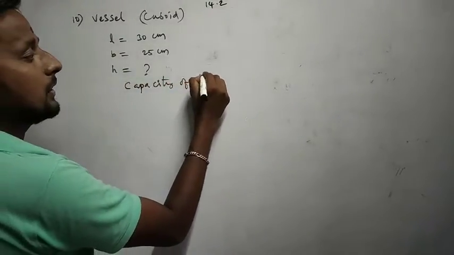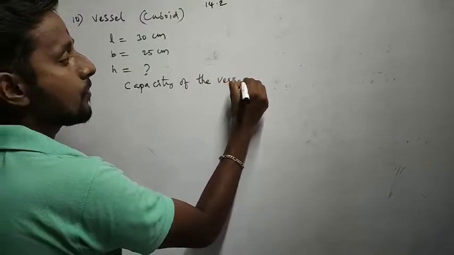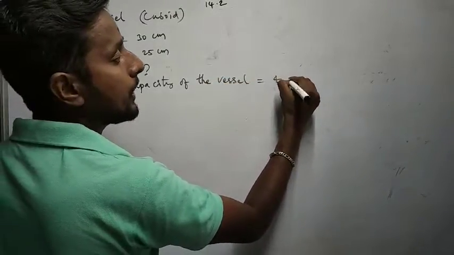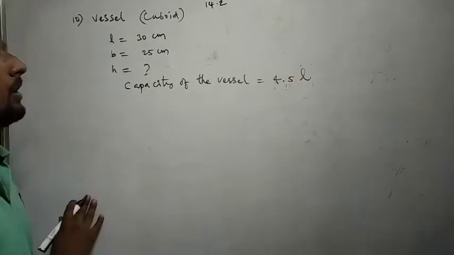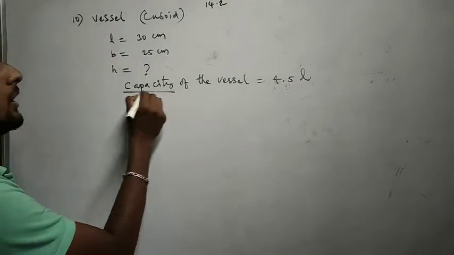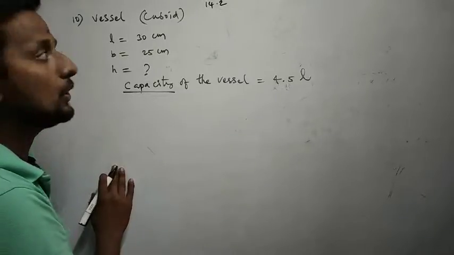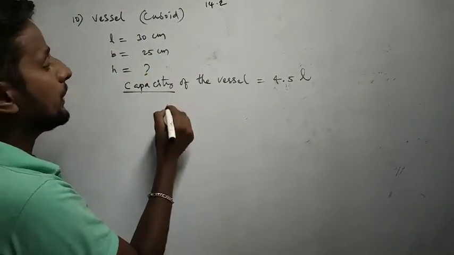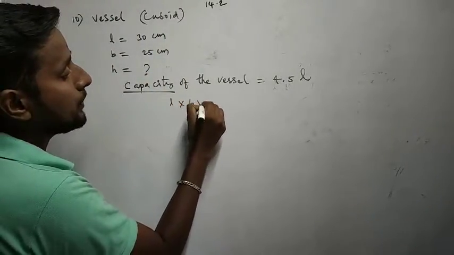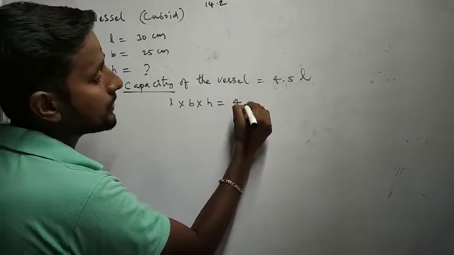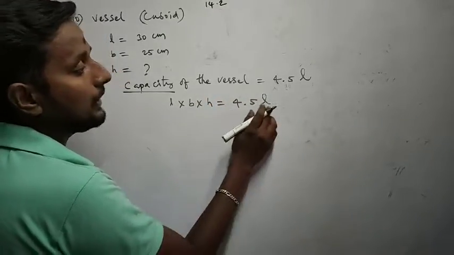Capacity of the vessel, 4.5 liters. Okay. So capacity means, I told you many times, the word capacity always represents volume. So it is a cuboid form, am I right? So L into B into H is equal to, given information, 4.5 liters.